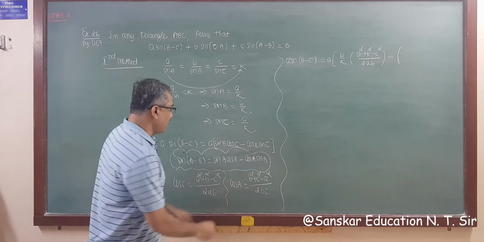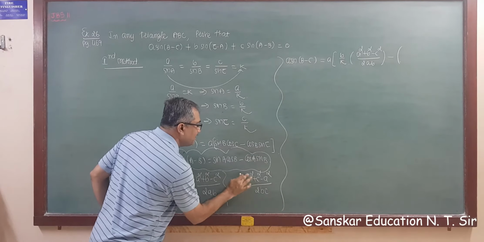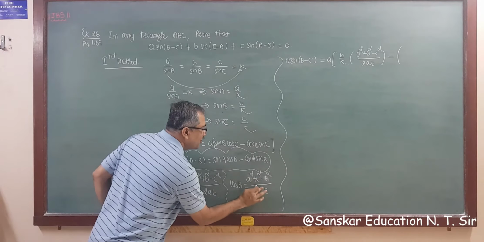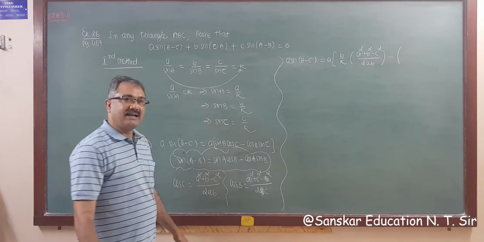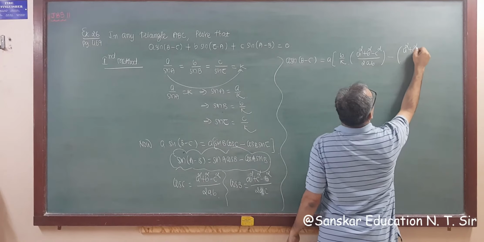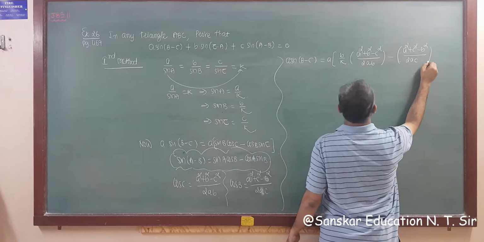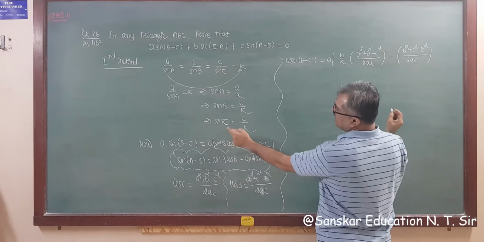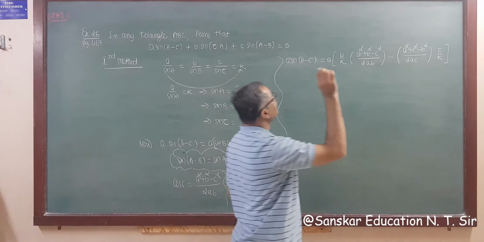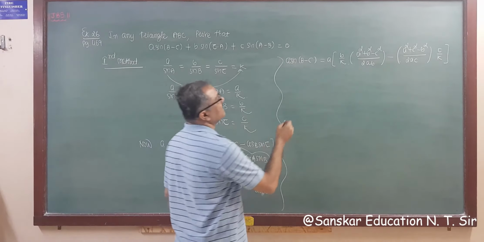So cos B is A square plus C square minus B square upon twice AC, right? So cos B is A square plus C square minus B square upon twice AC into sin C. Sin C is C upon K. So this is the simplification for A into sin B minus C.